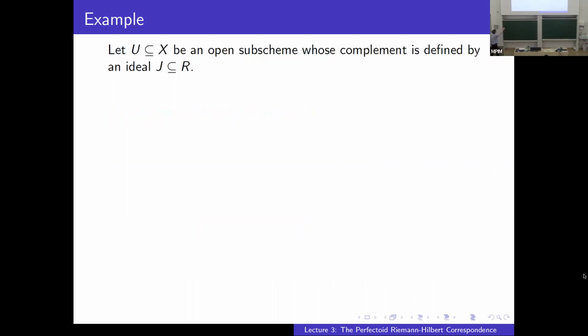So let's start by taking an open subscheme of X whose complement is defined by some ideal that I'll denote by J. So what does gamma bar do in this situation? So U, I can compactify by embedding it into X, and therefore this prismatization with compact supports, I would take the kernel of the map from the perfectoidization of R, which is just R itself, to the perfectoidization of R mod J. So that's an ideal inside of R, which I'll denote by J puft.